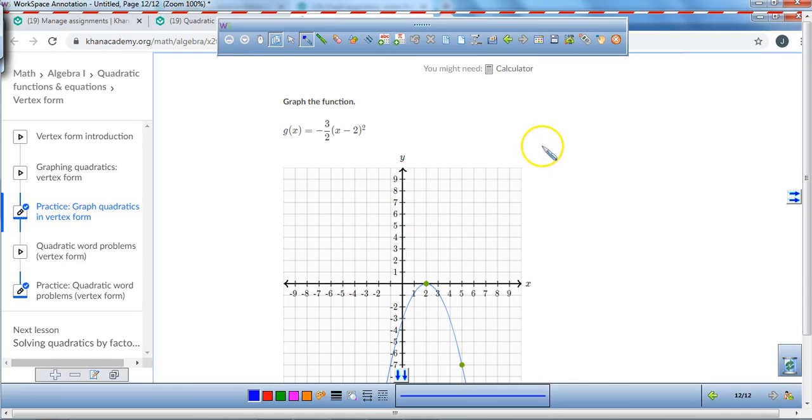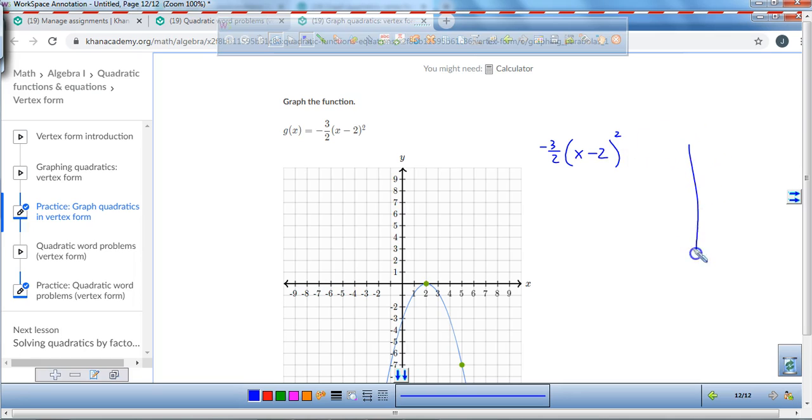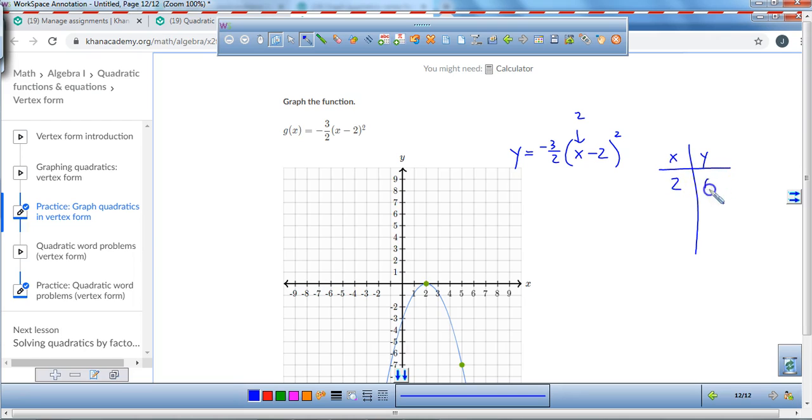So what I'm going to do, we have x minus 2 squared, and we already know, put y equals. If I plug in a 2 right there, I get 0.